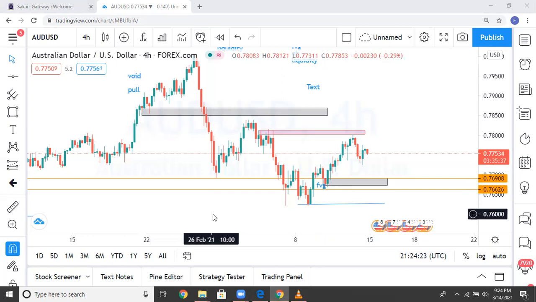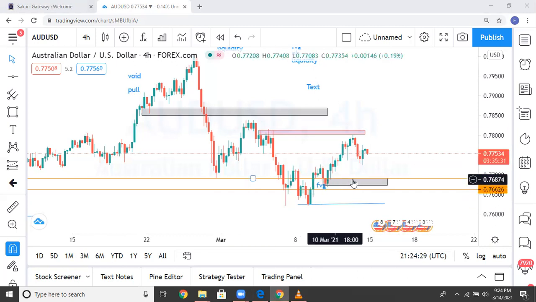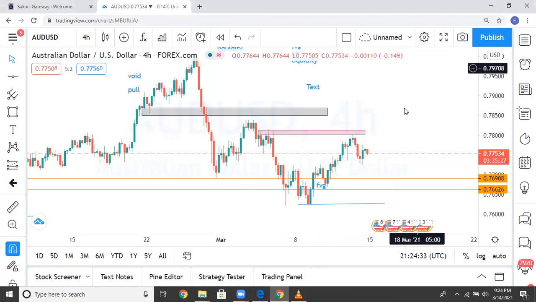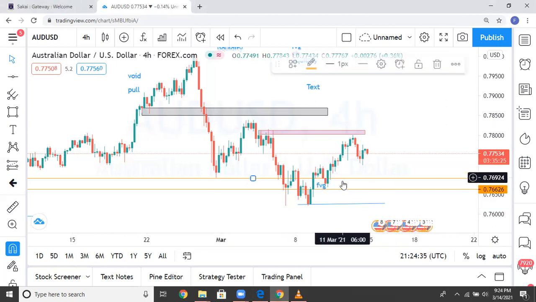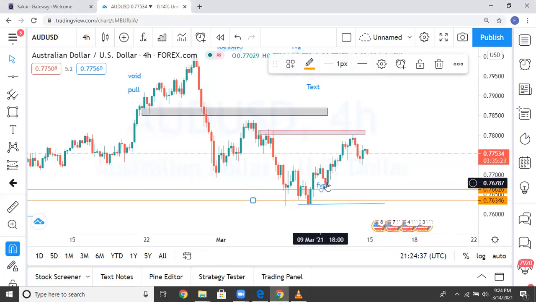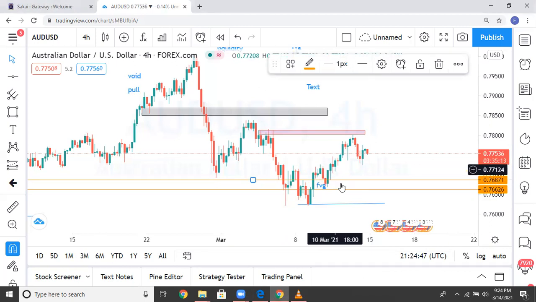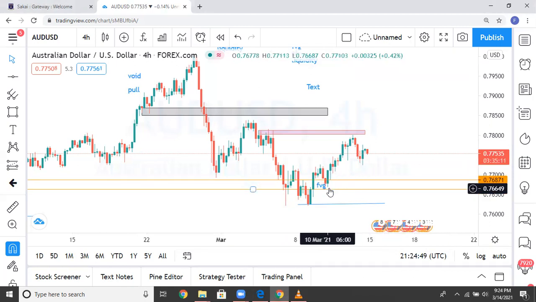And three, there is an order block, and we have been able to identify the order block. This is the order block, this candle, the last candle here. And we have been able to identify our fair value gap.